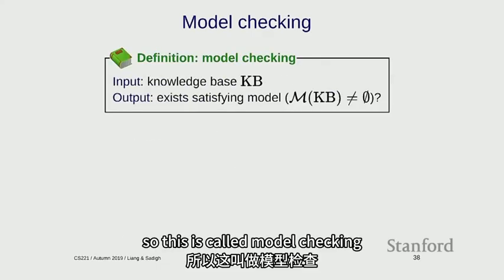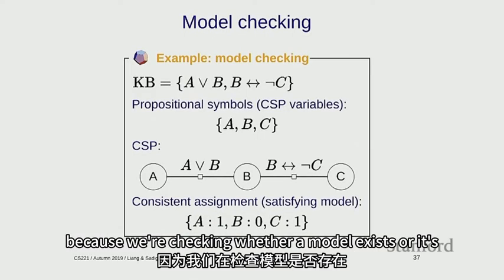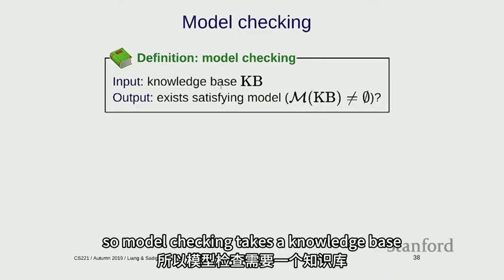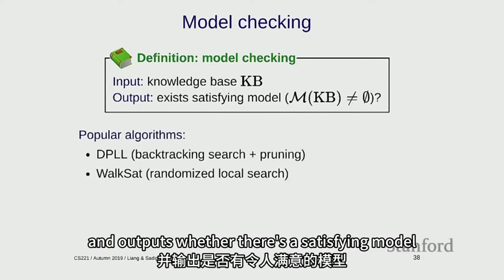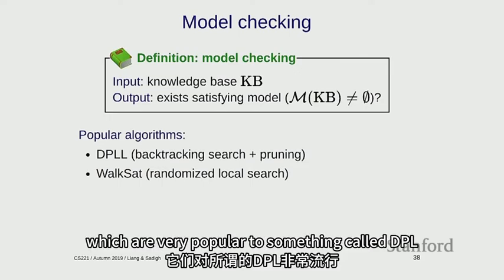So this is called model checking. It's called model checking because we're checking whether a model exists. Model checking takes a knowledge base and outputs whether there's a satisfying model. There are a bunch of algorithms here which are very popular.